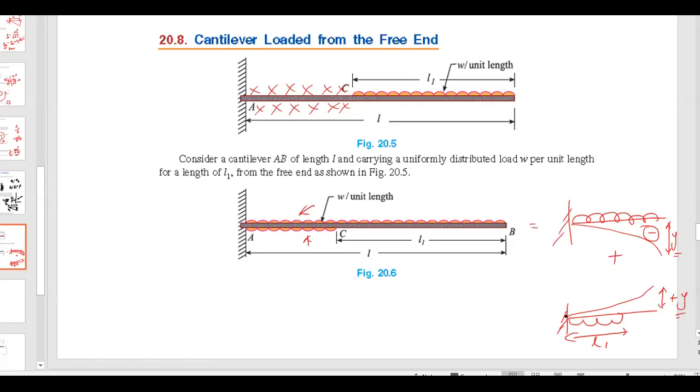Use the same formulas. The formulas you used earlier, you derived two formulas. So we can find the deflection for the UDL over the entire length, and the deflection for the UDL up to a certain length beginning from the fixed end.